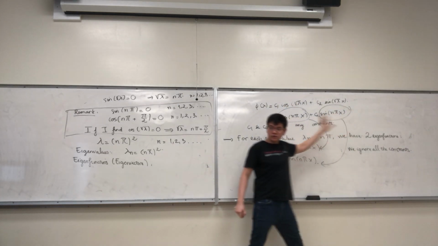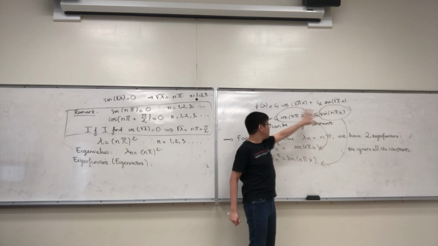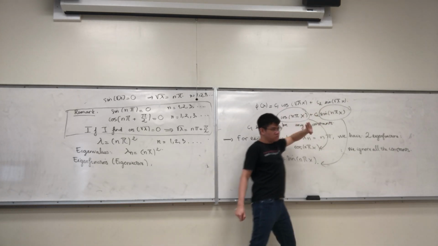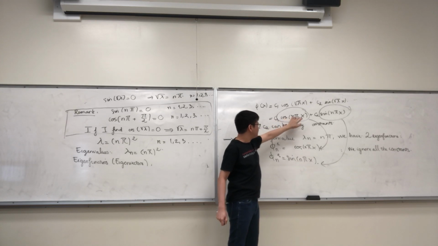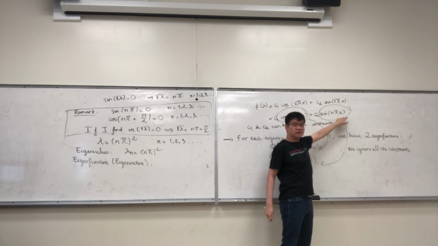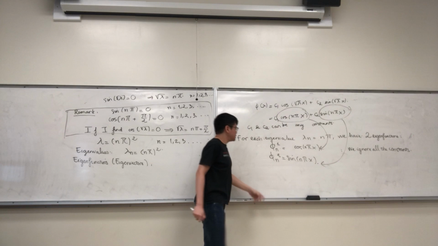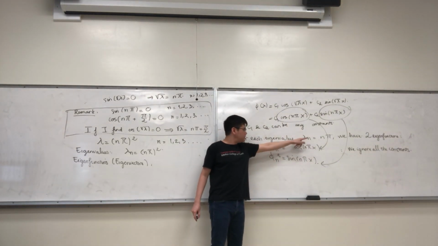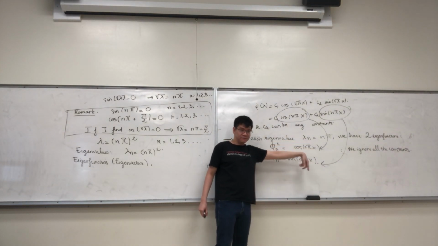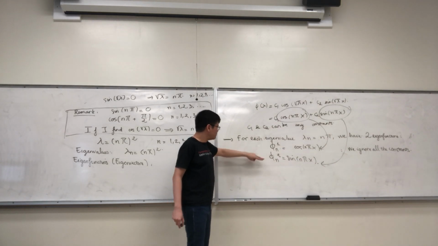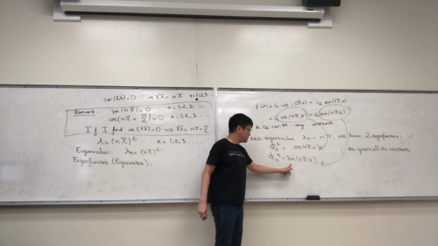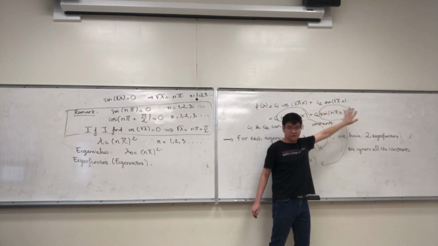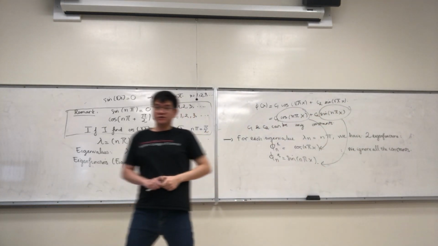So C1 and C2 can be anything. So I can ignore the constants, and I keep only the two functions, cosinus n pi x and sinus n pi x. All right? So for each eigenvalue of this form, n pi, you have two eigenfunctions, cosinus of n pi and sinus of n pi, which are the two functions here. Questions? It's clear?